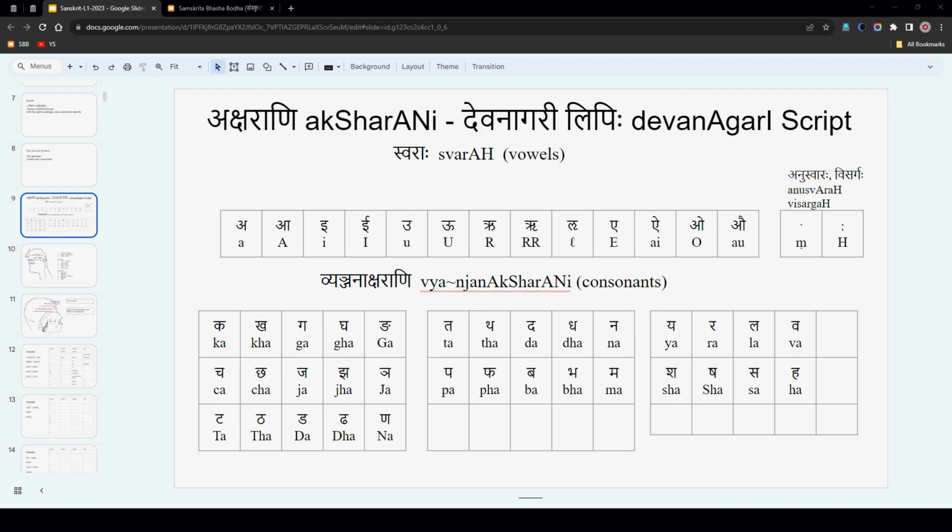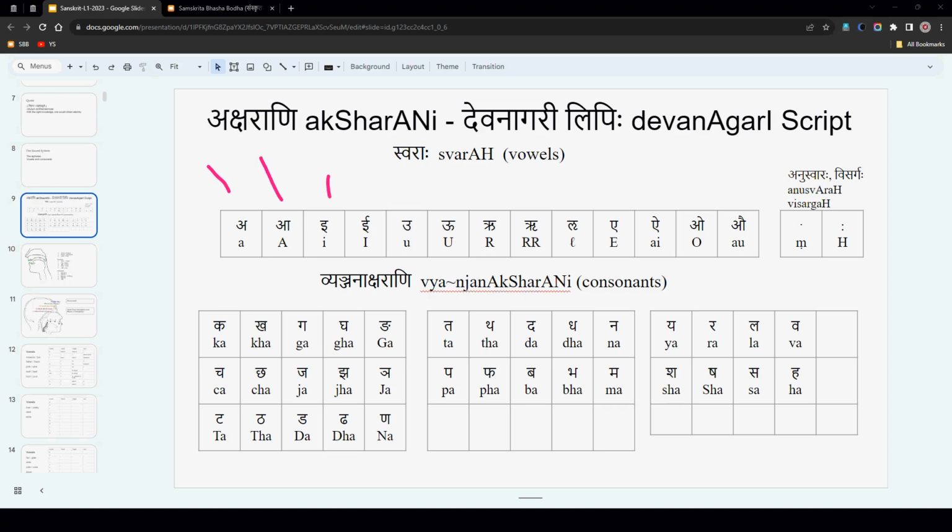Now the other aspect of the swaras here, as we notice, each one has its hrasva and dirgha form. Hrasva means short, means time to pronounce is short. For example, a, and same sound with longer time to pronounce, it becomes a.